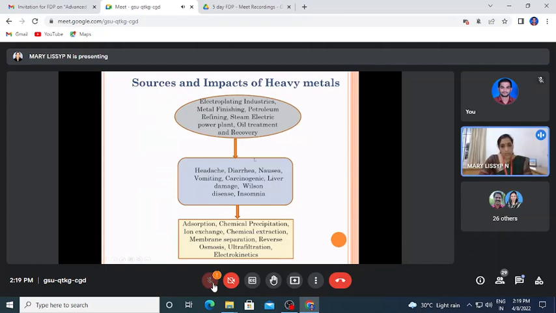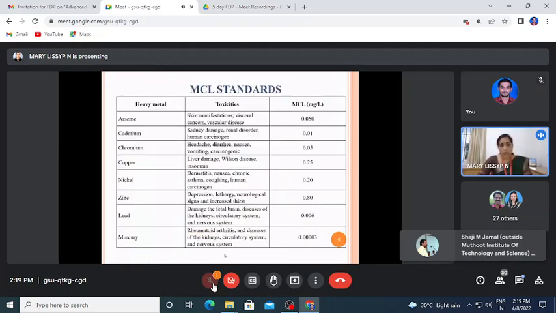Below you can see the various methods available to remove heavy metals, like adsorption, precipitation, and ion exchange. Many methods are available now. These are the standards for various heavy metals which have to be noted, because when we dispose of effluent after treatment, you have to look at the maximum contaminant level of each heavy metal.